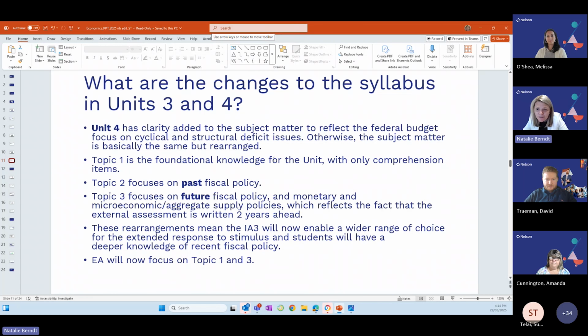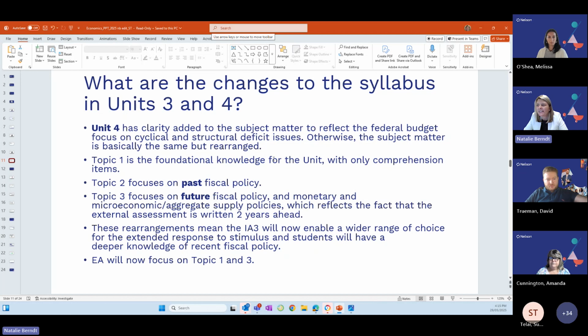So if we move now into Unit 4, of course, this is where the biggest changes are. And this is why you absolutely have to buy the Unit 3 and 4, and then, of course, move on to the 1 and 2 the following year. But Unit 4, we have a bit more clarity. We have 3 topics now instead of 2.